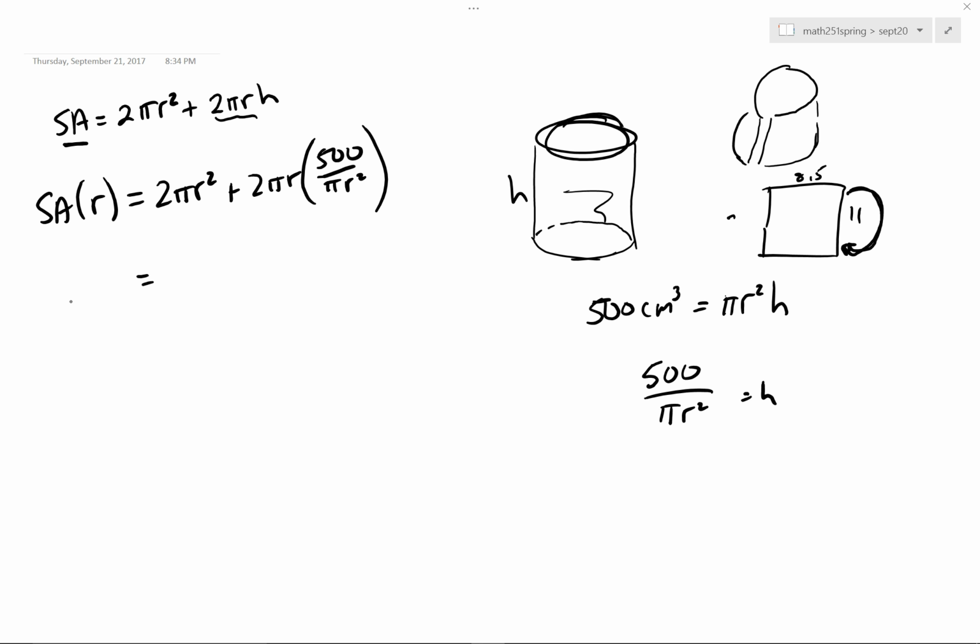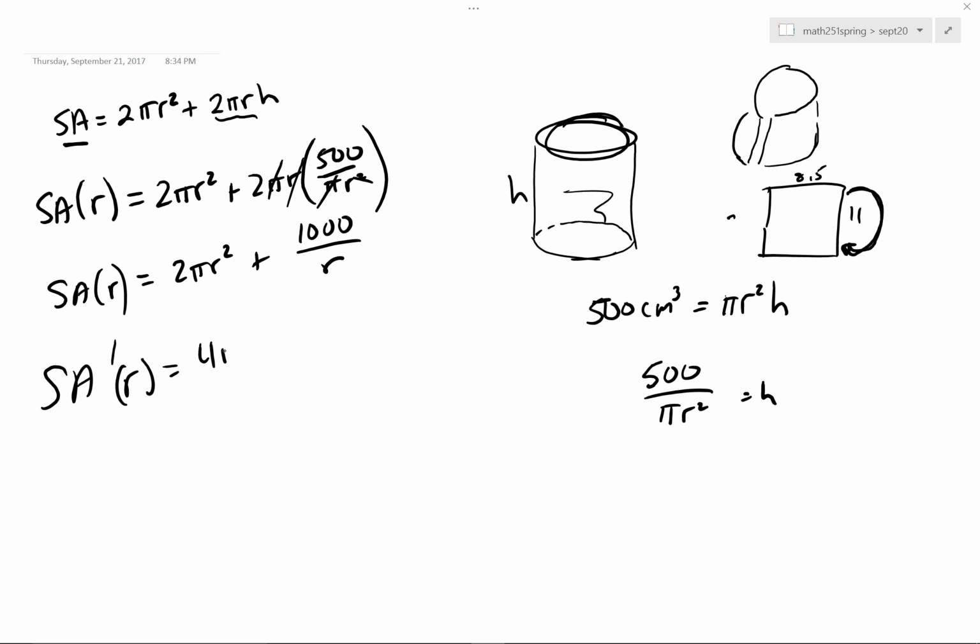So that would be surface area of r. I'm going to clean this up a little bit, okay? 2 pi r squared plus 1,000 over r. The pi's cancel. One of the r's cancel. So surface area prime would be 4 pi r. Remember, this is r to the minus 1, so it's going to be minus 1,000 r to the minus 2.